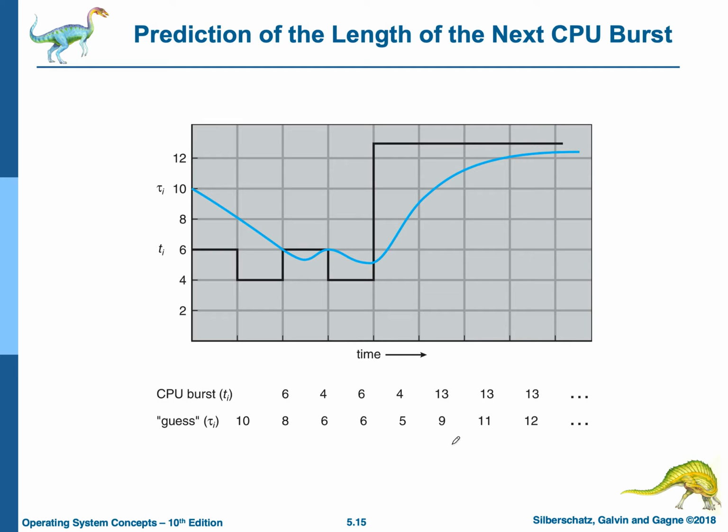So in exponential average, we are averaging every previous process. This is exponential average.